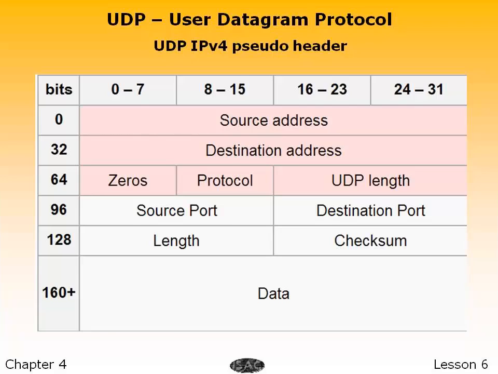Real-time video and audio streaming protocols are designed to handle occasional lost packets, so only slight degradation in quality occurs, rather than large delays if lost packets were retransmitted.